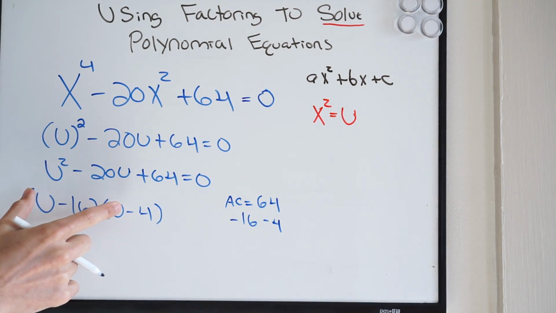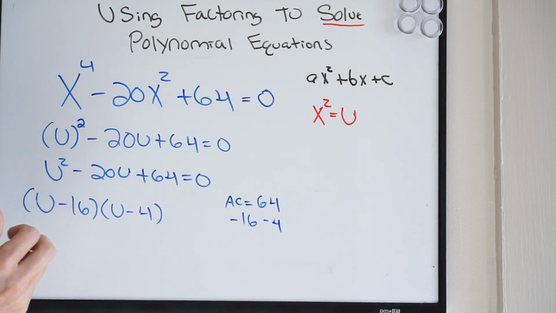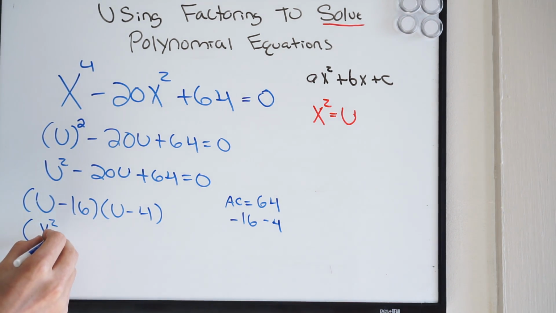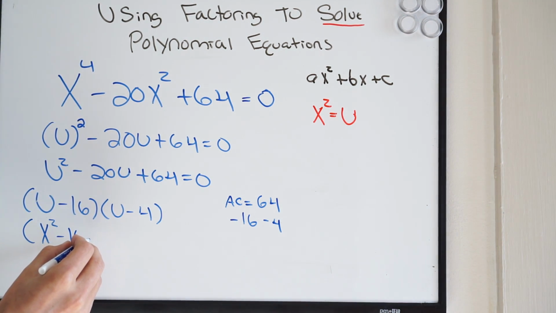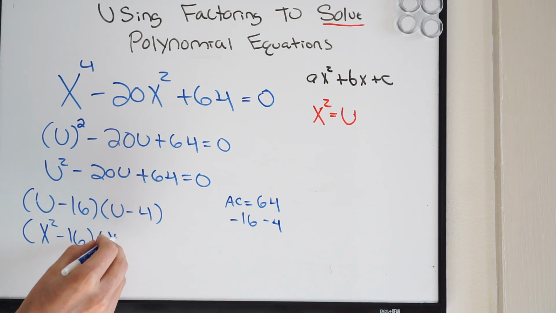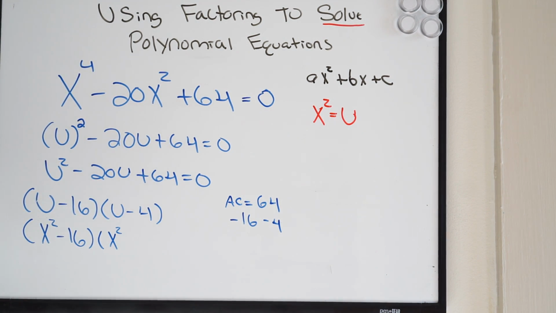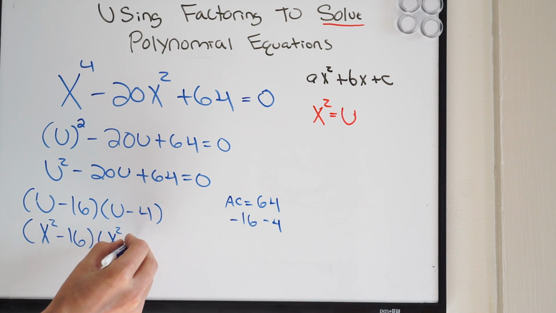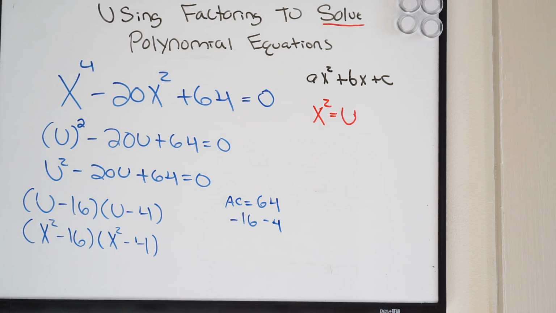Well, let's now replace the u's. So now we have x squared minus 16 and x squared minus 4, and this is all going to be equal to 0.